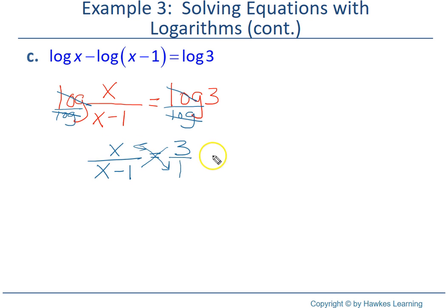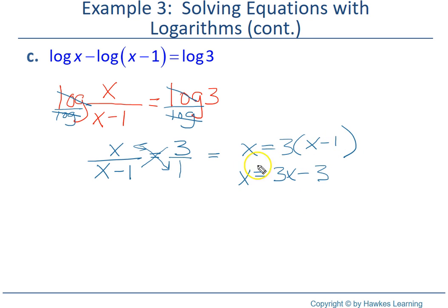So 1 times x will give us x, and then 3 times this will give us 3 times x minus 1. So we're allowed to do that. So this is x equals 3x minus 3.